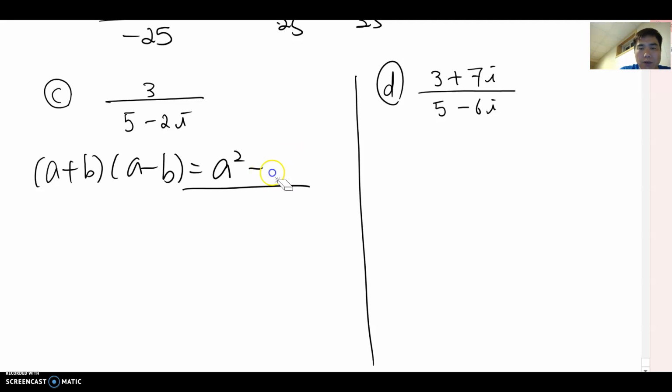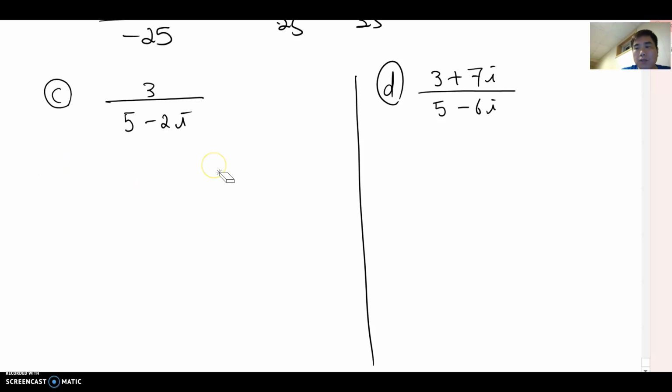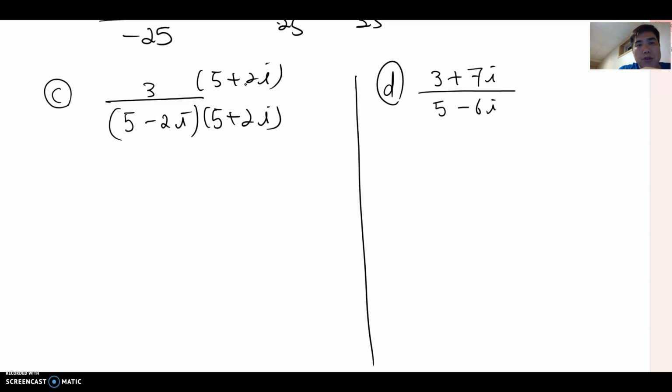Therefore, we just multiply by the conjugate of the denominator expression, which is 5 plus 2i. When you do it, you must multiply both the numerator and the denominator. Otherwise, the expression will be ruined. Be careful.